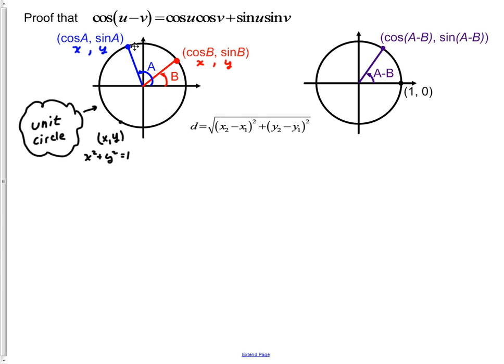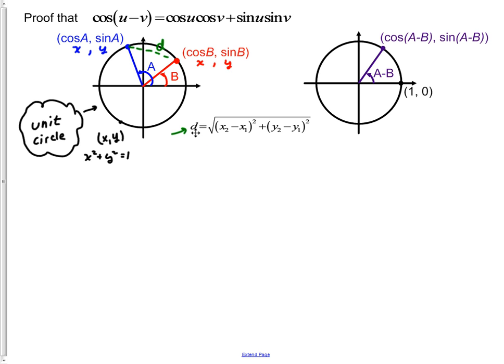So why is that important? Well, what we'll see right here is that what we were really interested in is the distance between these two points. What would actually be the distance between these two? So that's the reason why I wrote out my distance formula right here. We can calculate that distance.